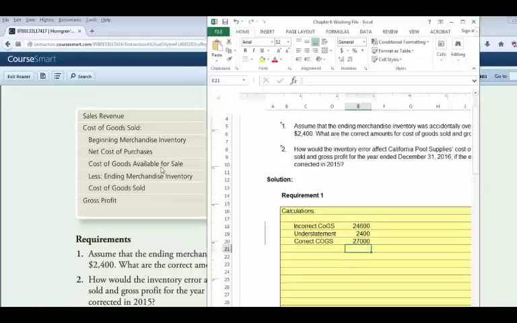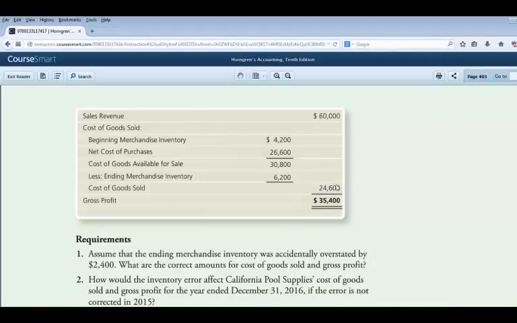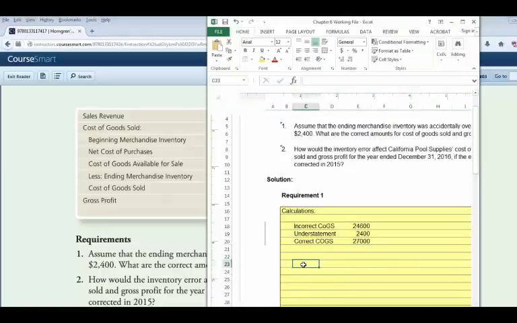Okay. So if our cost of goods sold is understated, that means that gross profit's more than what it should be, right? Because 60,000 minus 24,600 is 35,400. But if this number is supposed to be 27,000, then gross profit's more than it should be. So that gross profit is incorrect. It was 35,400.